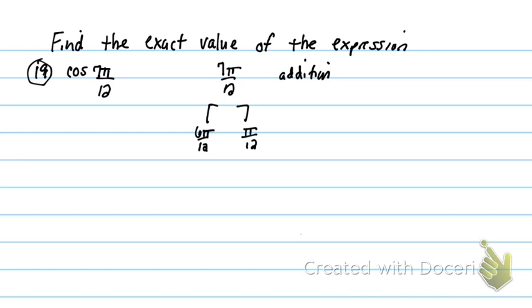Pi over 12. Because you guys see those summed together give you 7 pi over 12. Now, on the left, it works out well because the 6 would reduce the 12 down to a 2, which we know how to work with. But on the right, you still have a problem because you have a denominator 12. Do you guys see it? So that's out. That's not going to work. They both have to reduce to a denominator 3, 4, 6, or to the quadrantals.